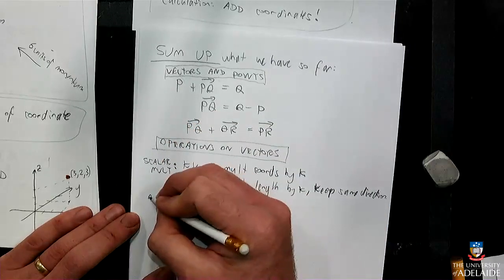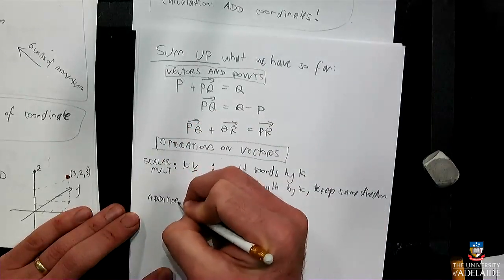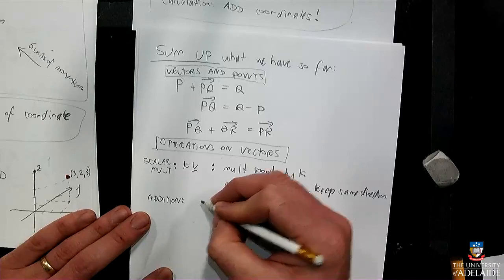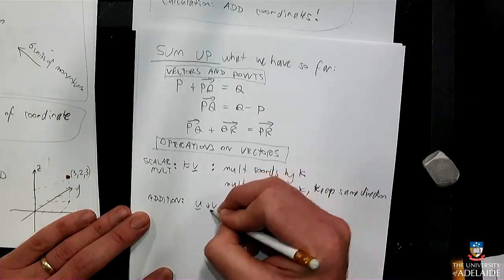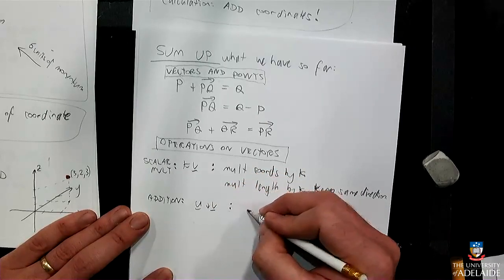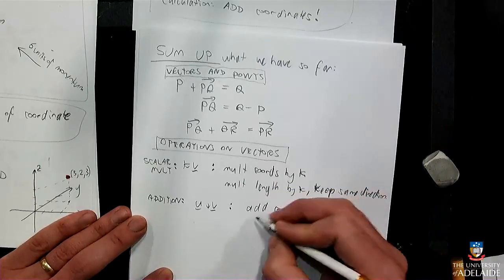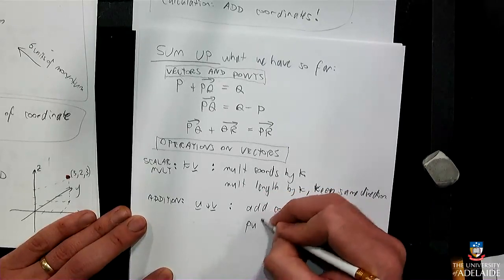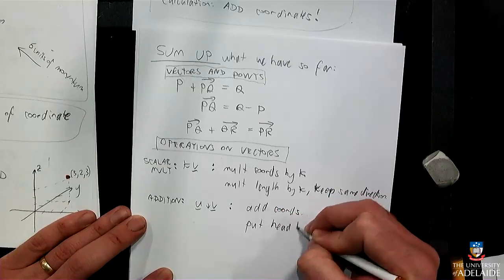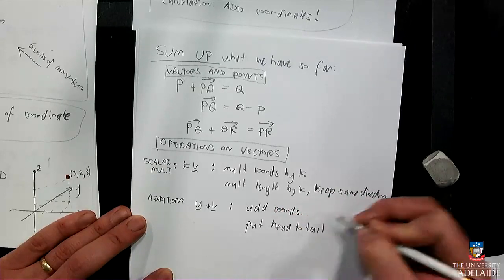And we had addition. u plus v, we add coordinates. And what we did is that we put head to tail and found the new journey.